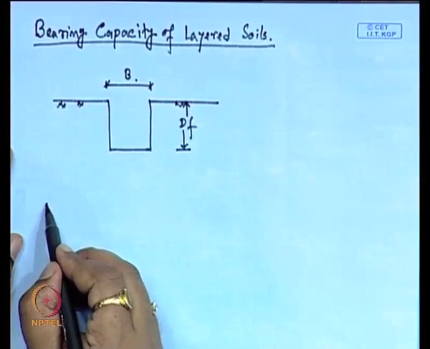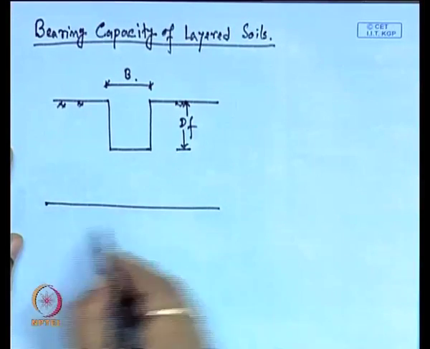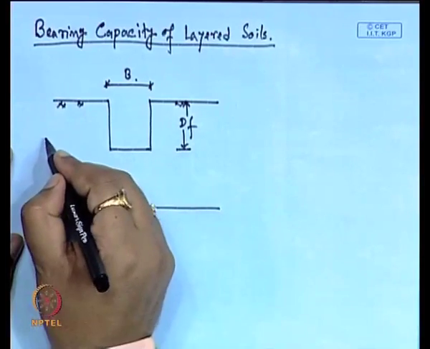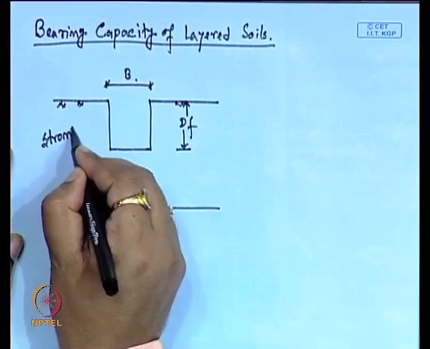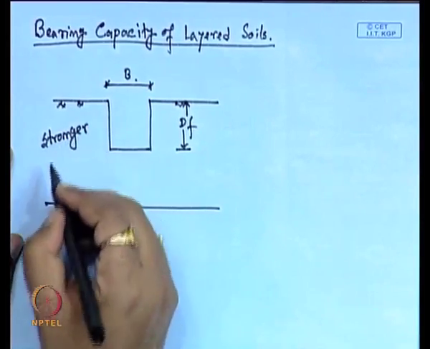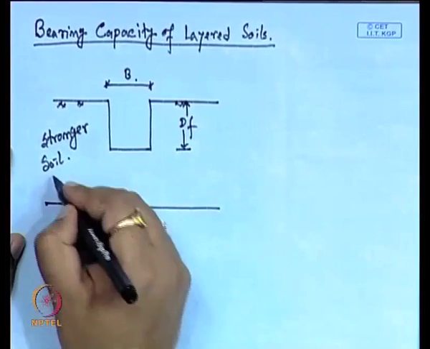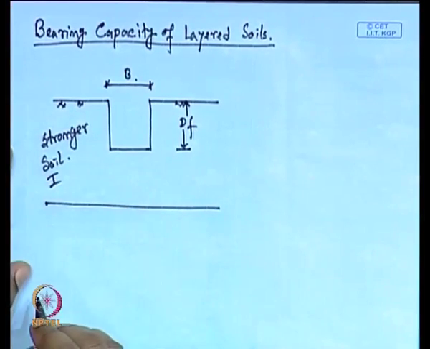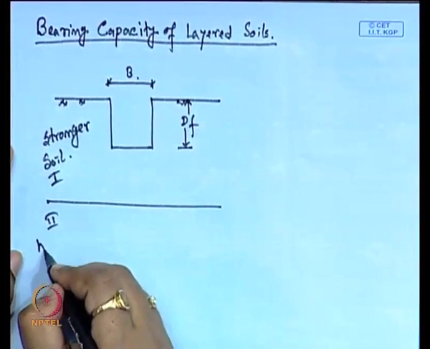Now, we are considering two soil layers. This is one layer which is the strong soil, the strongest soil, or layer 1, and layer 2 which is the weaker soil.